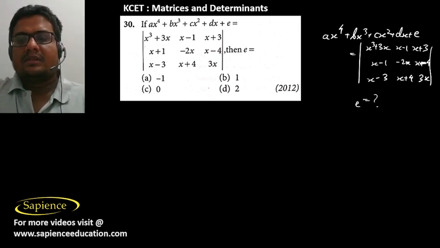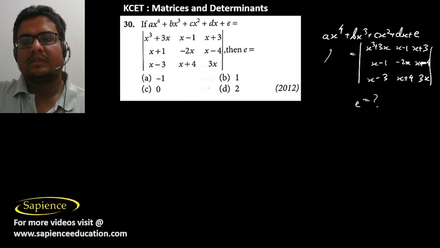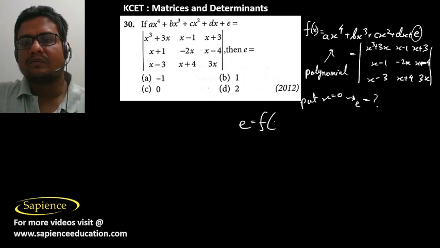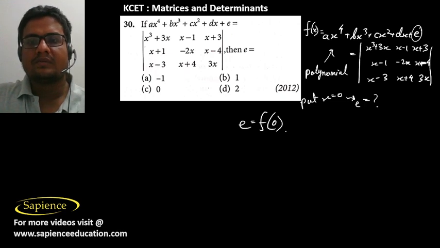Okay, so e is the constant term in this polynomial, so we have to find the constant term. It means simply we can put x equal to 0. If we call this f of x, then e is simply equal to f of 0. So if we put x equal to 0, then we can find the value of e.